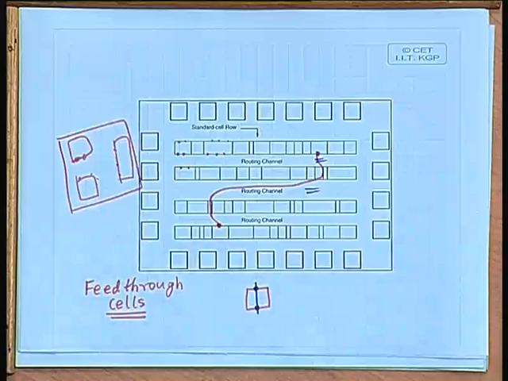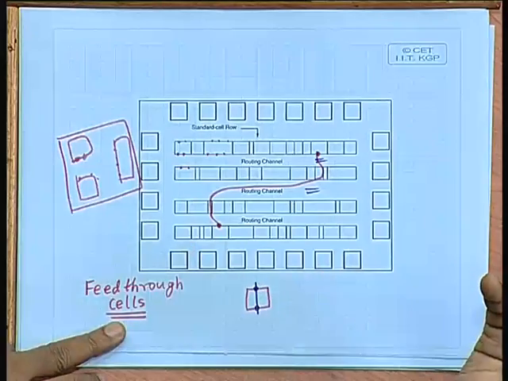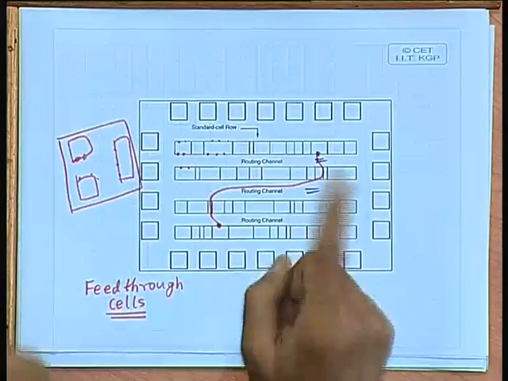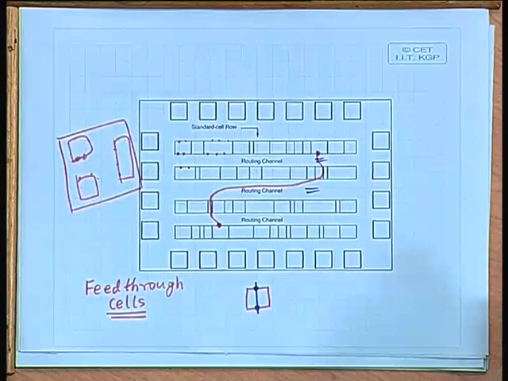So, your placement algorithm will give you an idea to the router that how many such feed through cells you require in each track, because the placement tool will know that how many nets will be crossing across channels, right. Fine.